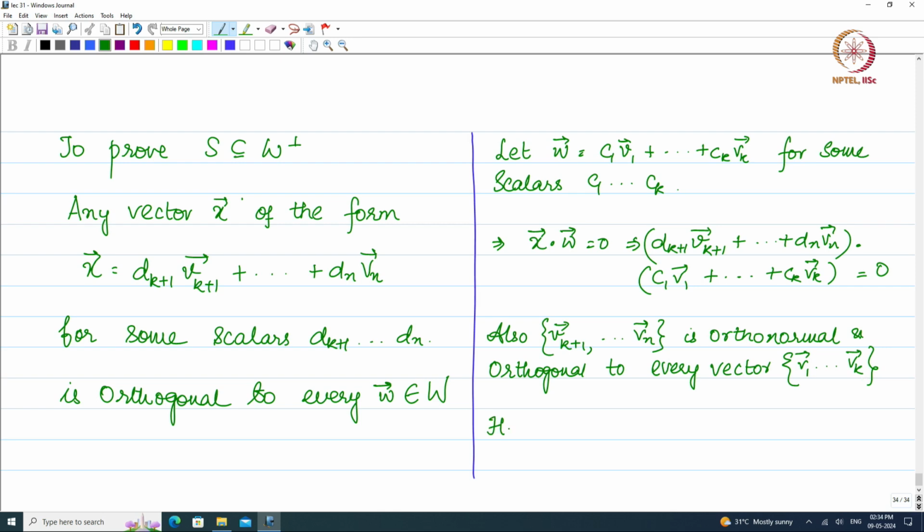Hence x vector is basically an element of W perpendicular, and x vector is a linear combination of these vectors, therefore x also belongs to the span of the set of vectors vk plus 1 to vn, which means the span S is a subset of W perpendicular.